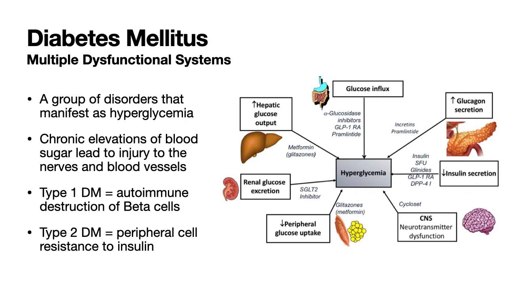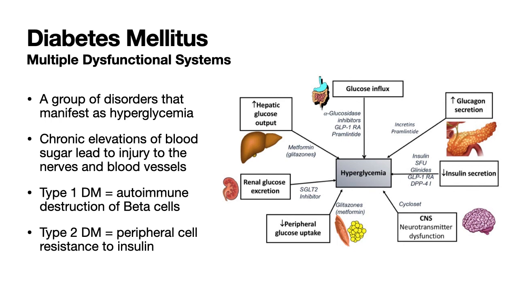The second type of diabetes mellitus via pathogenesis is type 2 DM, where there is enough insulin secretion by the beta cell, but the peripheral cells, particularly the muscle and the fat cell, are resistant to the action of insulin.